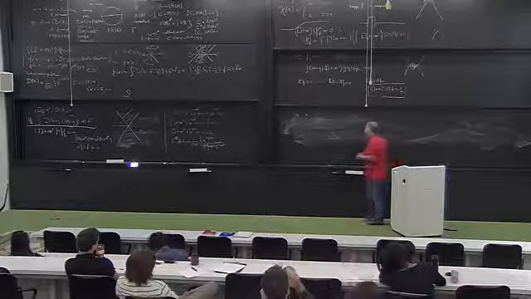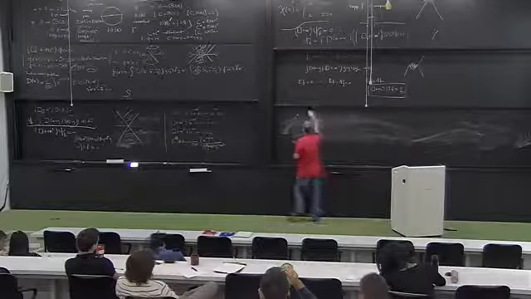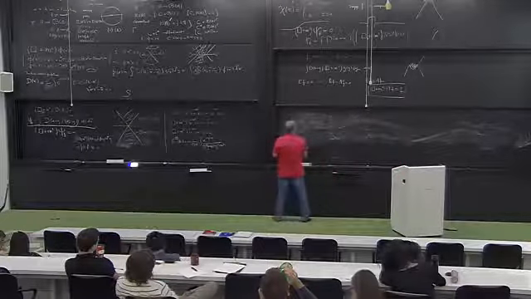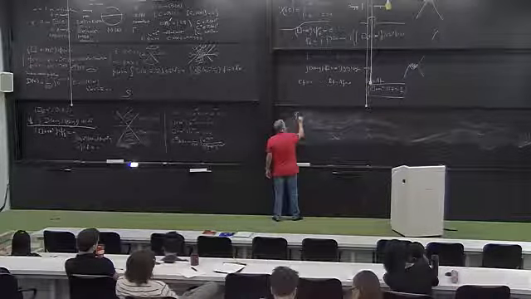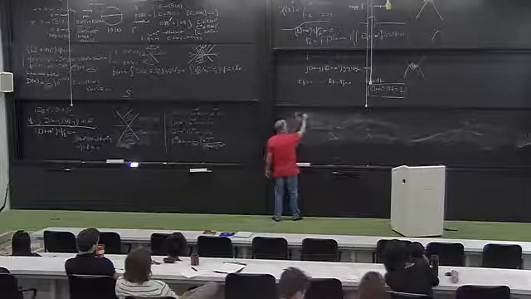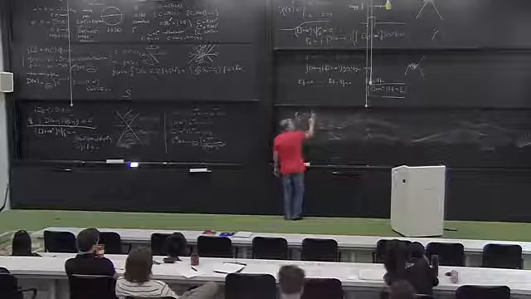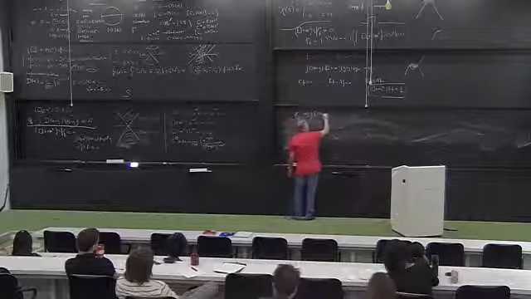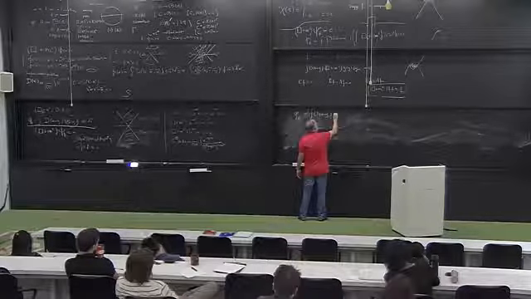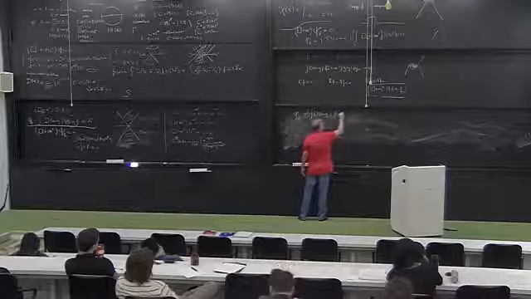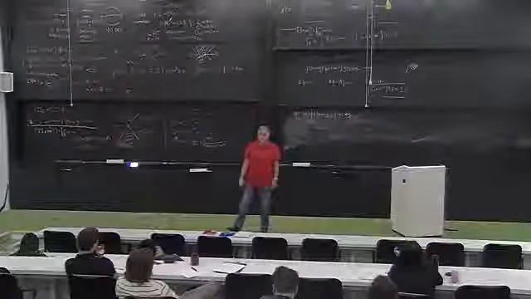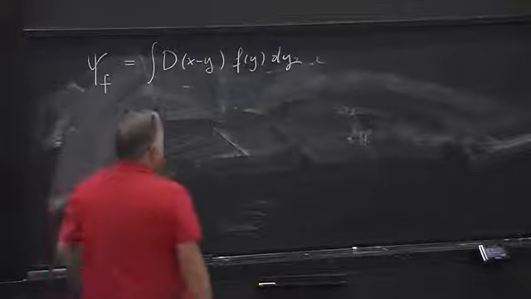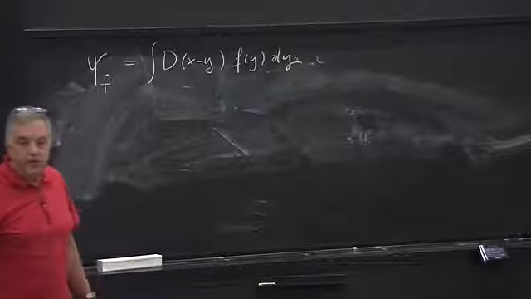So let me say it again. We have seen that if you have a solution of the Klein-Gordon equation which has compactly supported initial data, you can always write this solution this way. Where f is what you would call a test function.